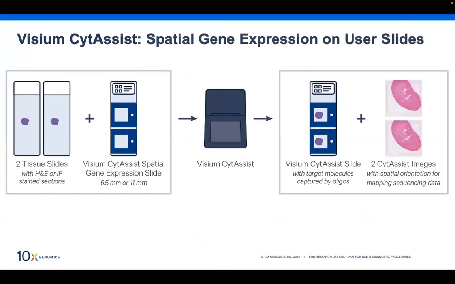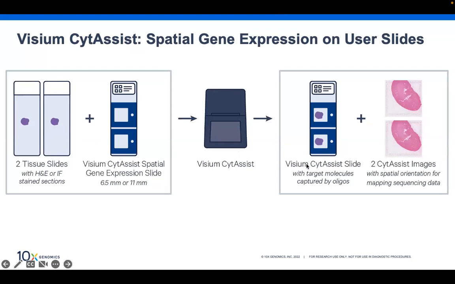The way it works with the workflow is that you have 2 tissues that are placed on standard slides. These can be Superfrost, they can be uncharged, any type of standard histology slide. And then you have your Visium slide. These are placed into the instrument, and the CytAssist instrument enables transfer of probes from this tissue on the standard slides onto the surface of the CytAssist Visium slide, which I'll refer to as the V2, the version 2.